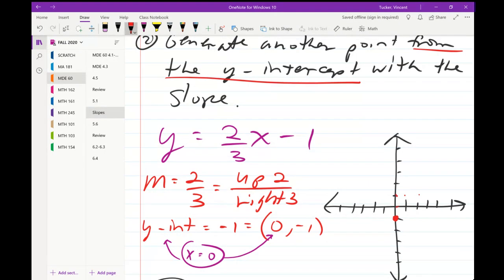All right. So you graph your y-intercept first. So you go to 0 and then go down 1. So that's my point right here, (0, -1). Now from your y-intercept, you go up 2 and right 3. That's my line. And that will be your line.